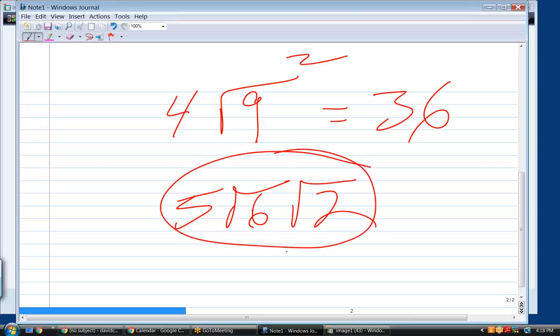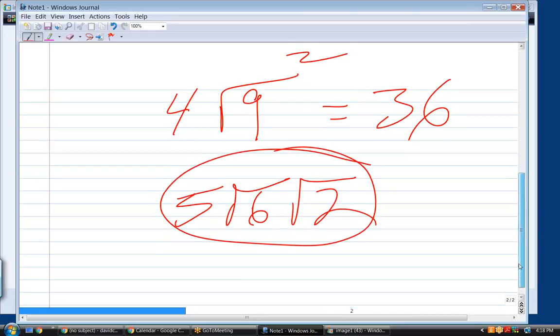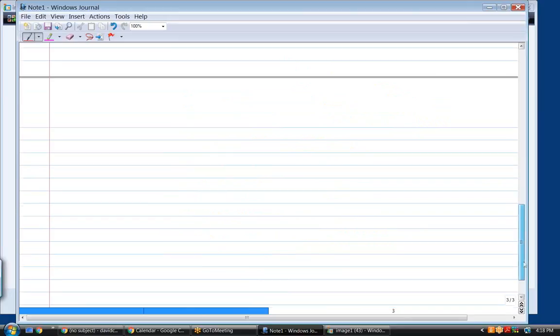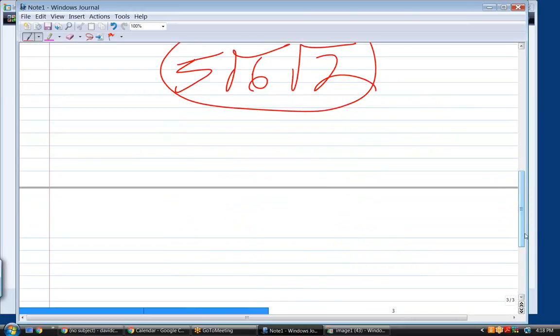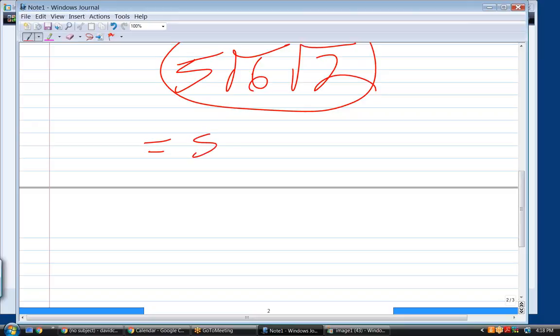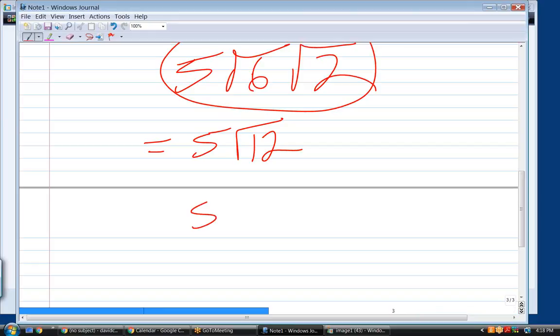Let's do some simplifying of that. What's that next step on simplifying that? That'd be 5 square root 12, and then we can simplify square root 12 to square root of 4 and square root of 3.